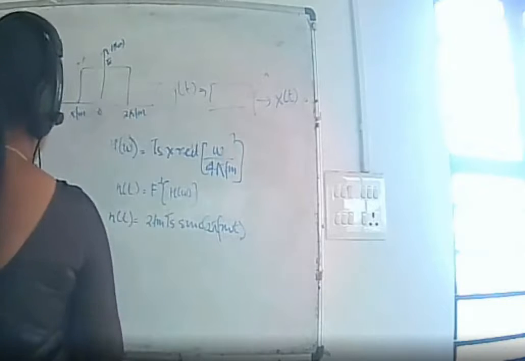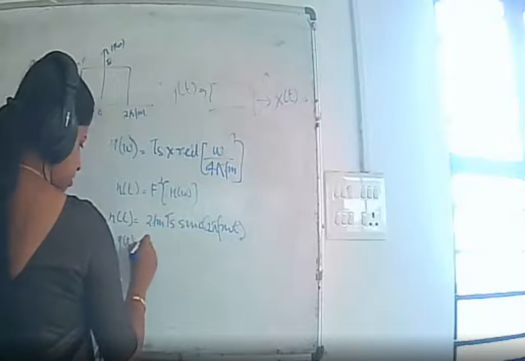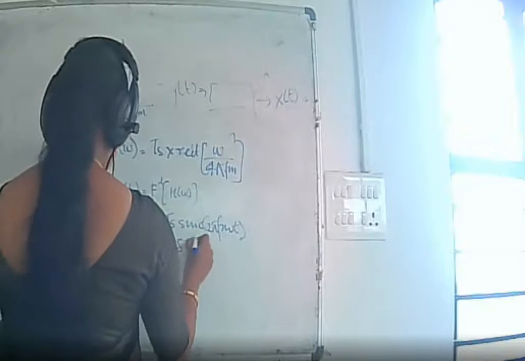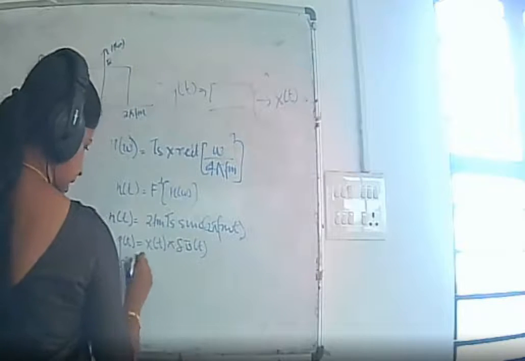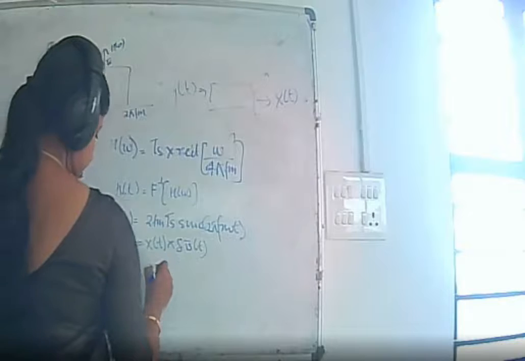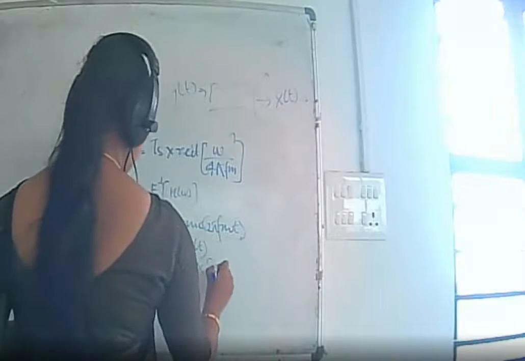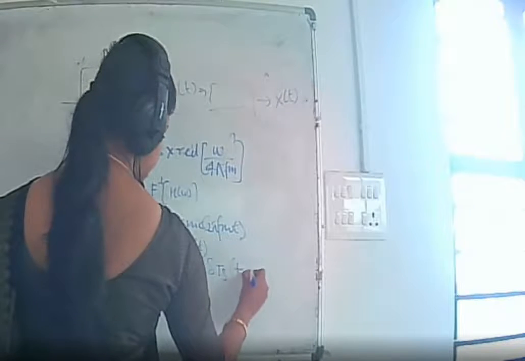The filter output g of t is nothing but x of t into delta Ts of t. Considering the kth sample, it will be x of kTs into delta of t minus kTs.